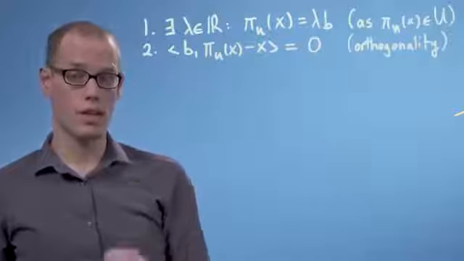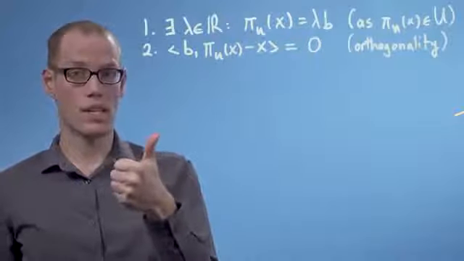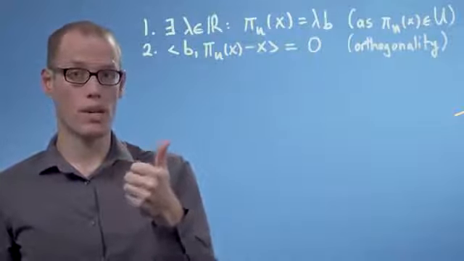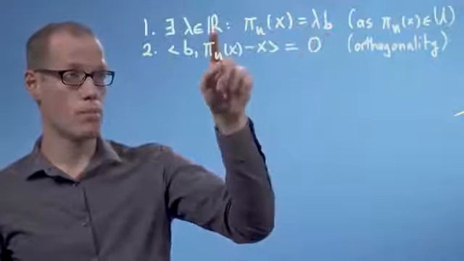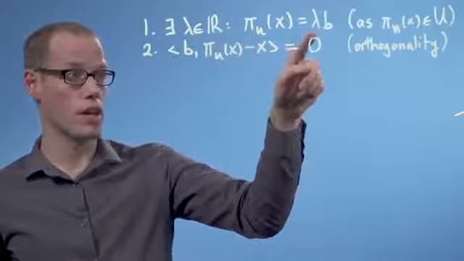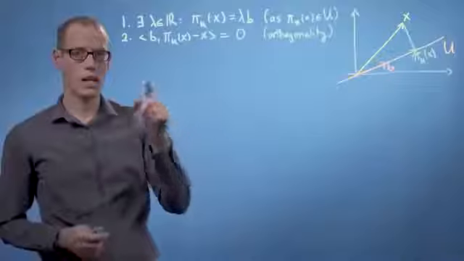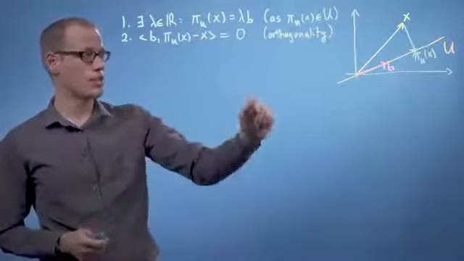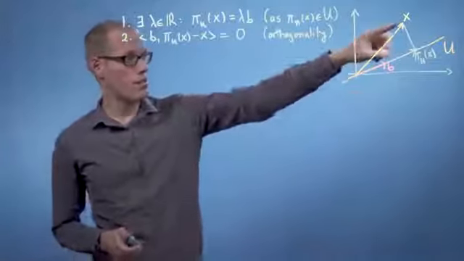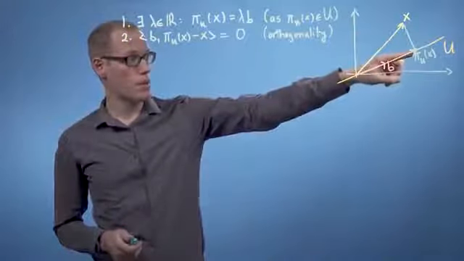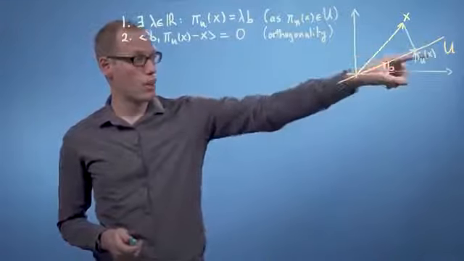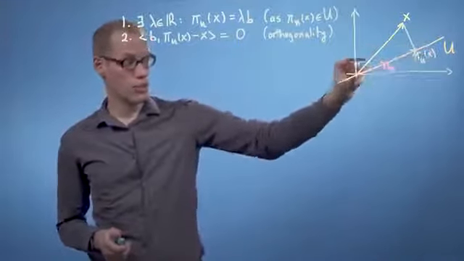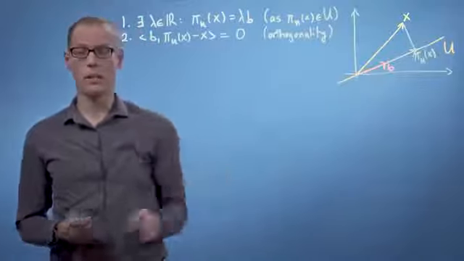The first thing is that since pi u of x is an element of U, we can write it as a scaled version of the vector b. So there must be a lambda in R such that pi u of x is lambda times b. And the second condition is the orthogonality condition, that the difference vector between x and pi u of x is orthogonal to U, which means it's orthogonal to the spanning vector b.